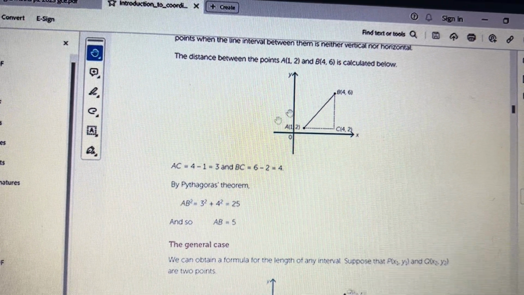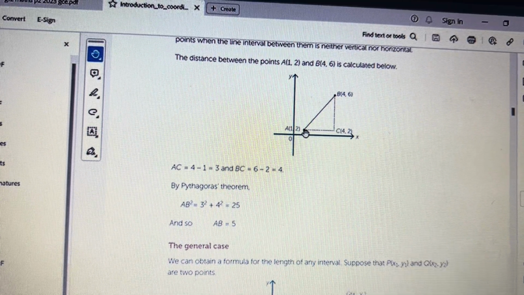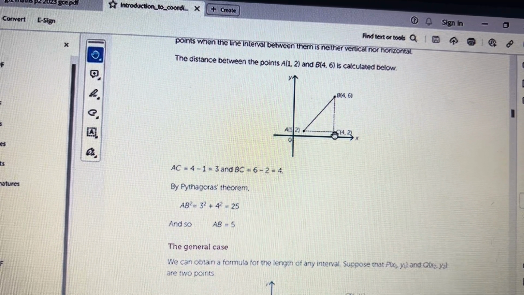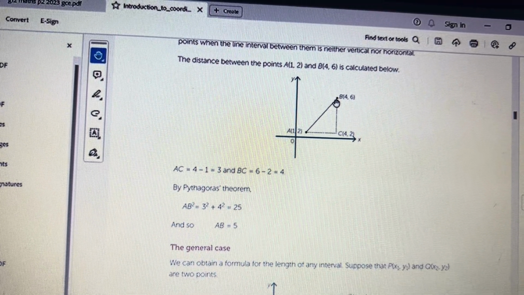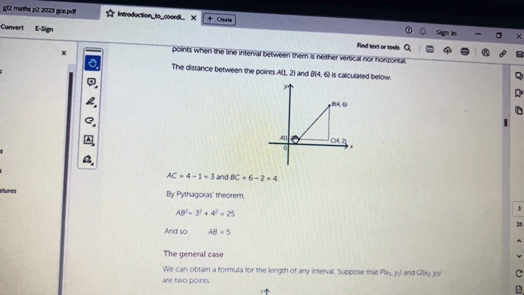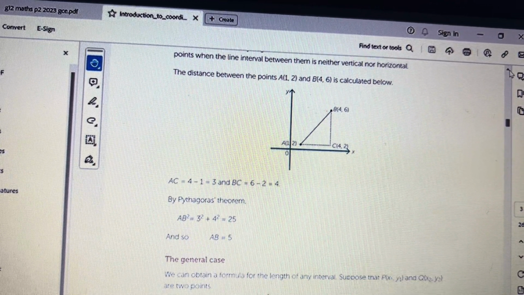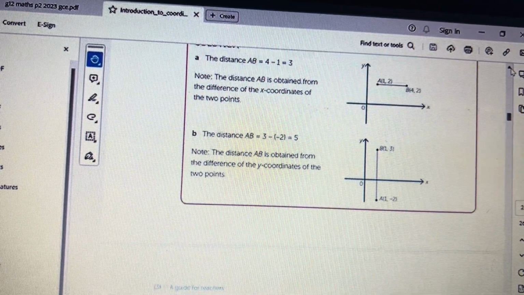Yeah, so there is AB squared, which is the hypotenuse, is the same as the distance from here to there squared plus the distance from here to there squared also. Now, how do we get the distance here and the distance here? That is where our previous example becomes helpful.